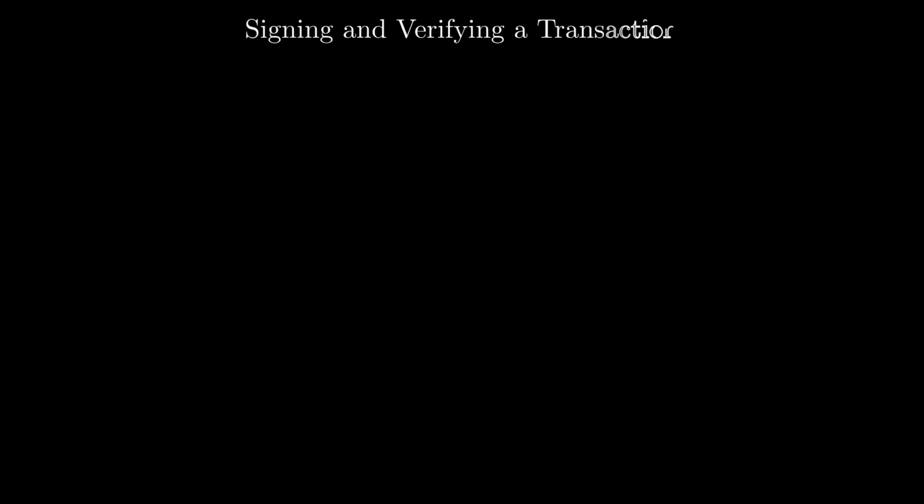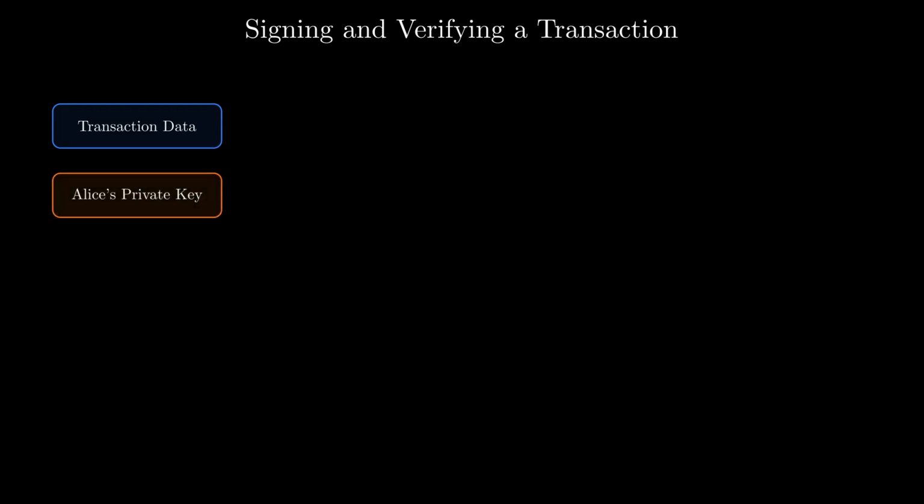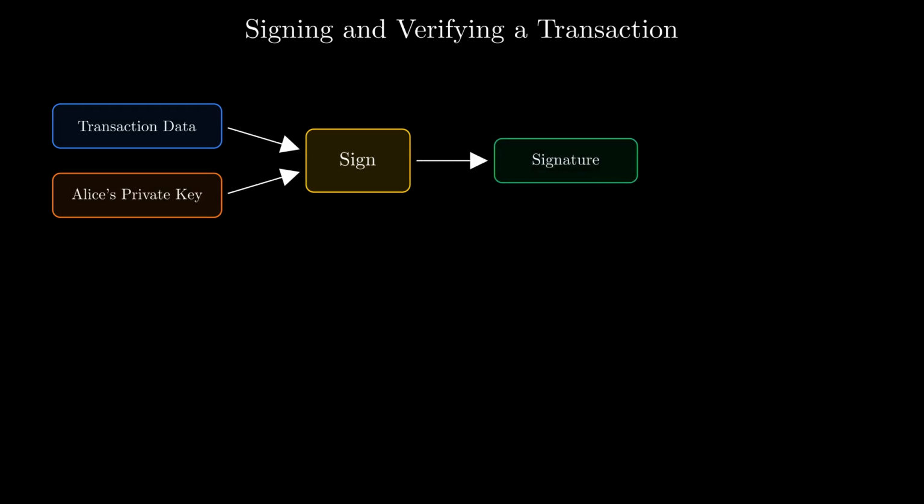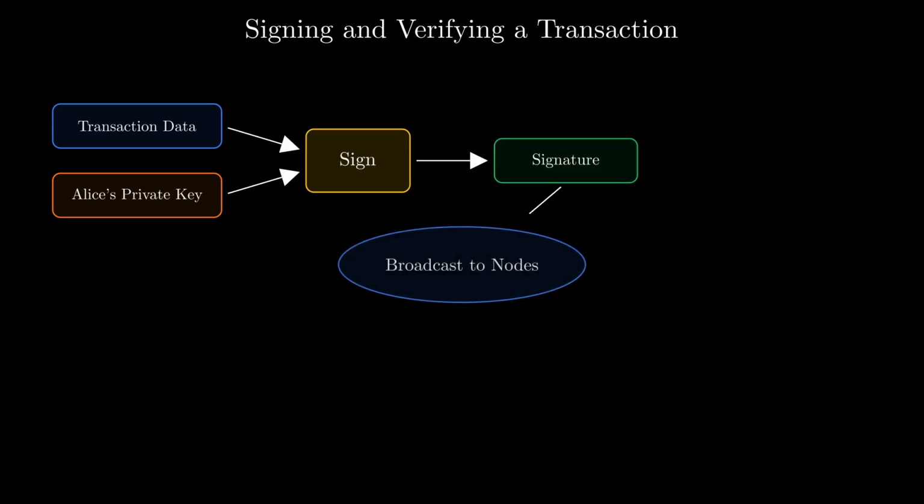Now we have all the pieces. Let's watch Alice actually pay Bob. Alice takes her transaction data and her private key, runs a signing algorithm, and produces a signature, a short pair of numbers unique to that exact transaction. She broadcasts the transaction and the signature.